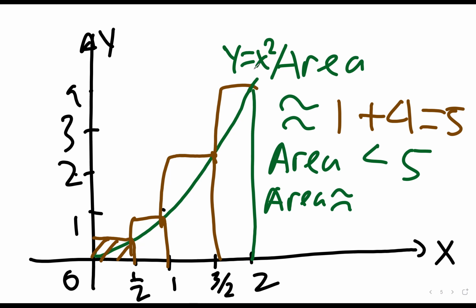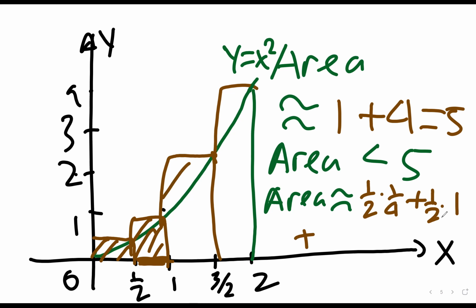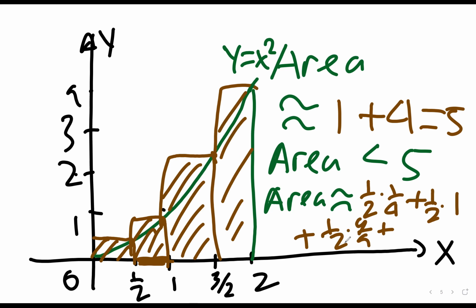So the area of the first rectangle is half multiplied by a quarter. And then the second rectangle, the height is 1, the width is half, so half multiplied by 1. The third rectangle, half multiplied by 9/4. The fourth rectangle, half multiplied by 4.